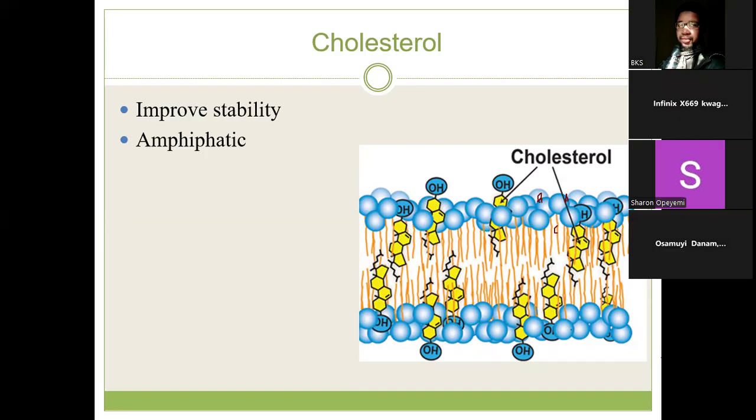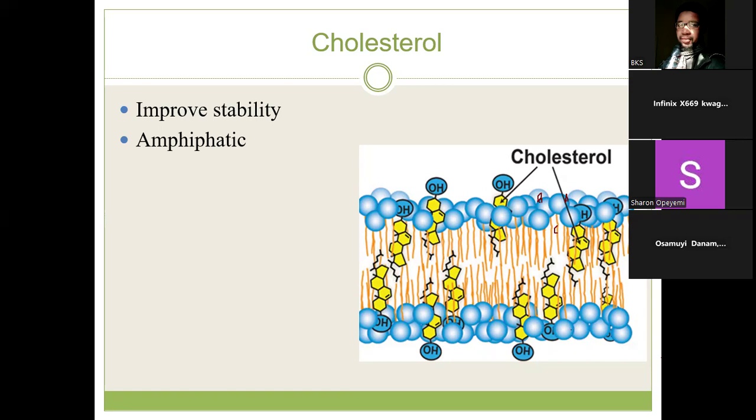And in addition, it forms a kink trying to prevent compaction. We can see the polar region here, and we can see the aromatic rings within the fatty acid chain.